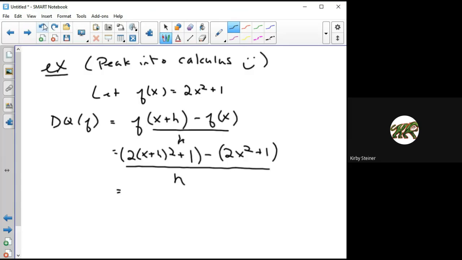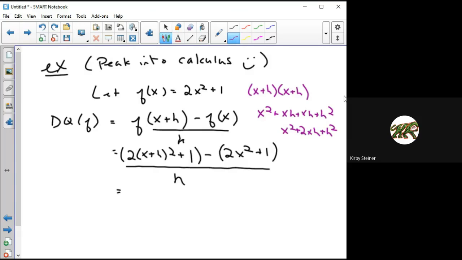So let's continue looking at this. Here on the side, we see that we have x plus h squared. So let's go ahead and FOIL that. I have x squared plus xh plus xh plus h squared. So I have x squared plus 2xh plus h squared. Well, looky there, we have our perfect squares formula again from the first lecture.